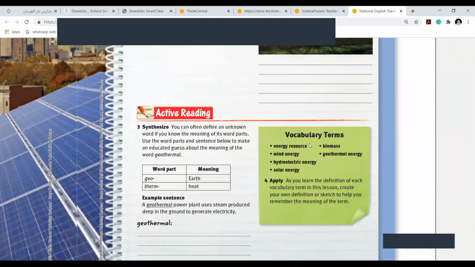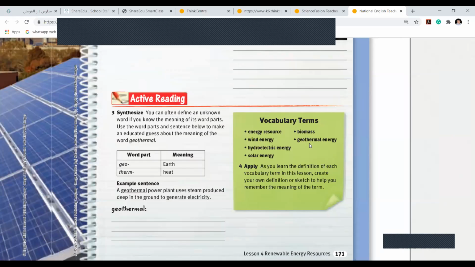Now, Ishan, please can you read the vocabulary terms loudly?